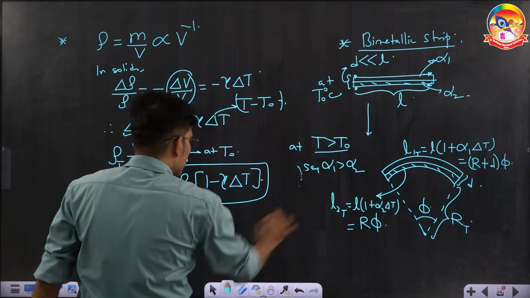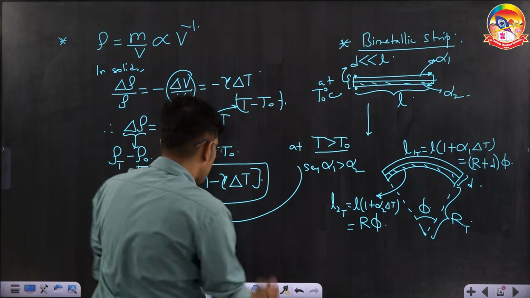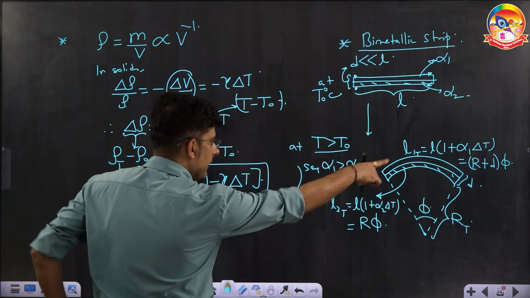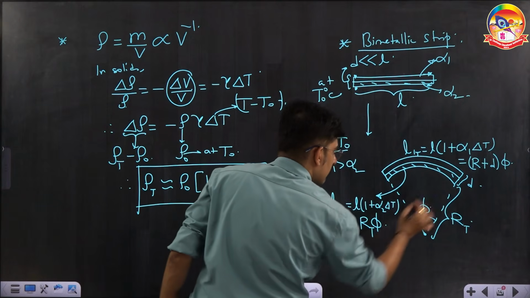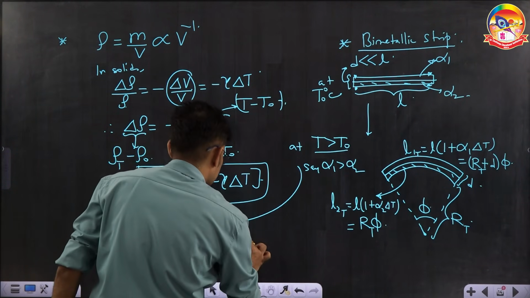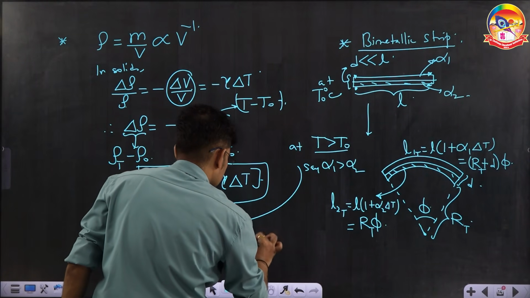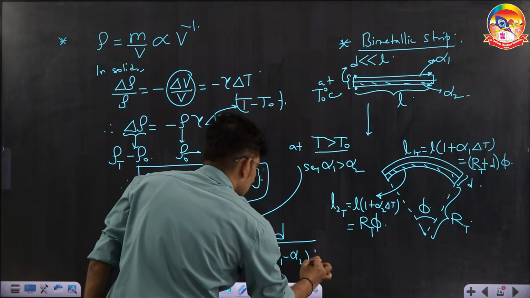When you divide both, and take the approximation which I told, 1 plus x1 by 1 plus x2, directly on dividing we get the radius of curvature at t degree Celsius as d into alpha 1 minus alpha 2 delta t.